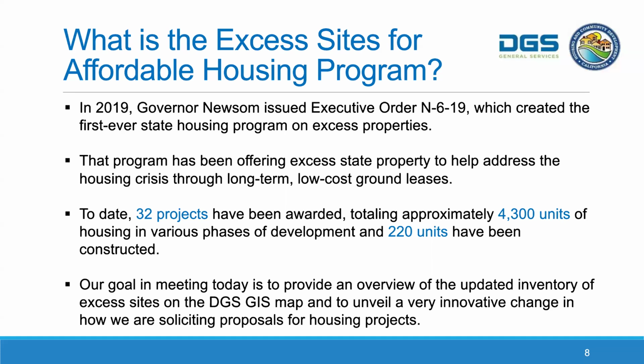The purpose of this program is to support affordable housing development by making state-owned land available through long-term, low-cost ground leases. Since the program's launch, we've awarded 32 projects across the state. These represent about 4,300 units in various stages of development, and we're proud to share that 220 units have already been built. So today's session is about building on that progress.